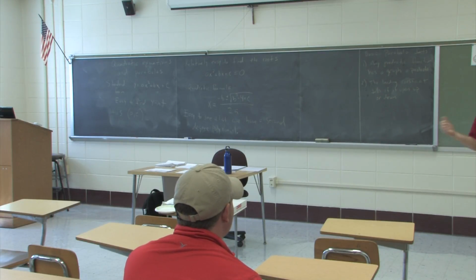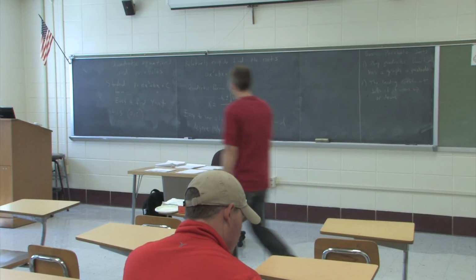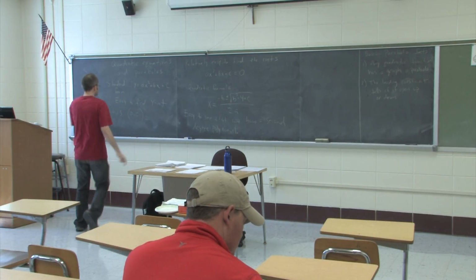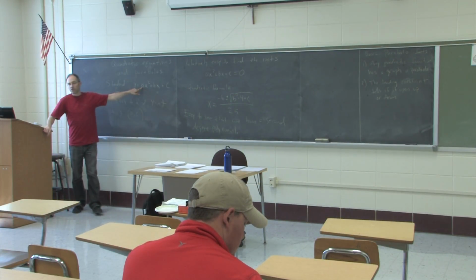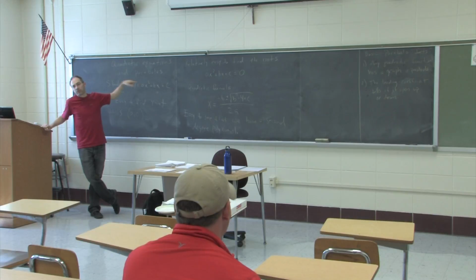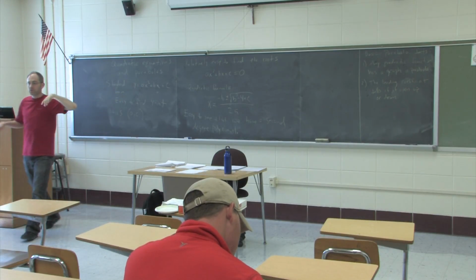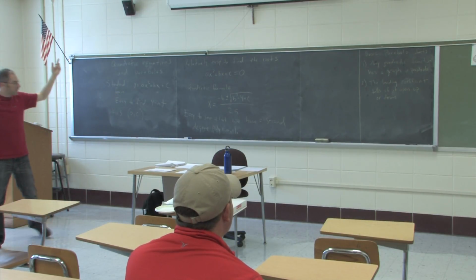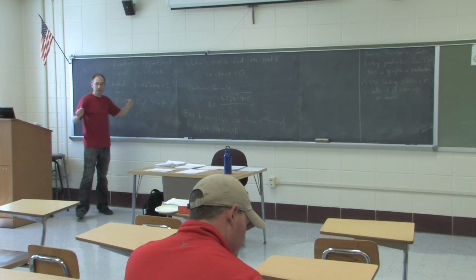Does everybody understand what I mean by leading coefficient? I mean the number in front of the square, the number in front of the highest power. If it's positive, the parabola opens up. If it's negative, it goes down.